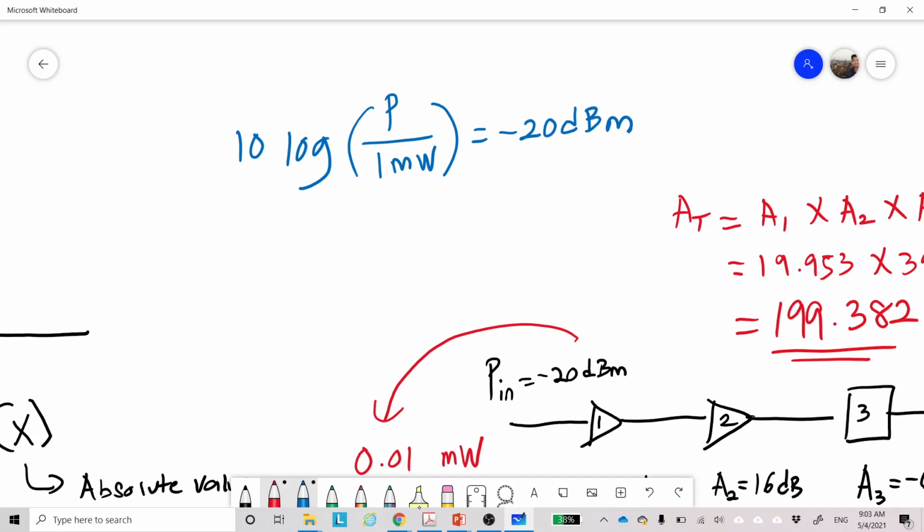So here is 10 log of power P divided with 1 milliwatt. So this is minus 2.